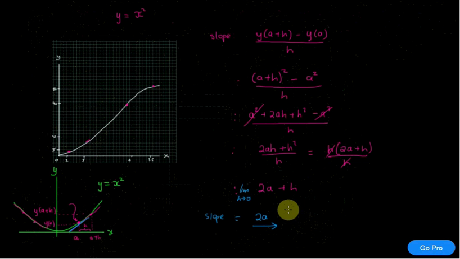Right? So in essence, the slope of this graph is equal to 2x. So if I want to find out what the value is for any x value on this graph, I can just say it's 2 times whatever the value of x is.